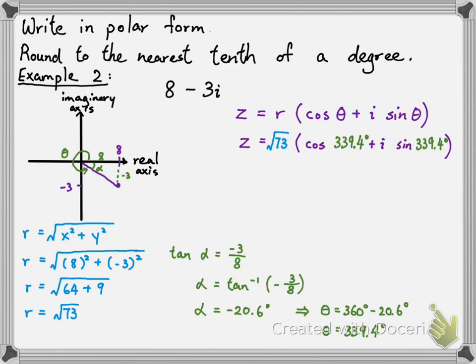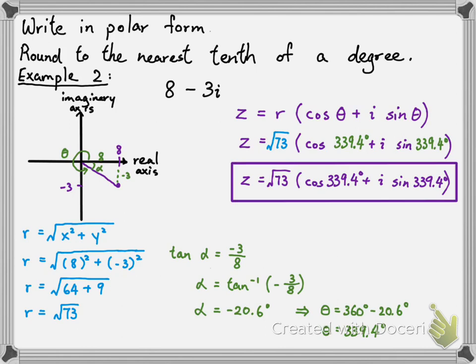We have the polar form of this complex number as z equals square root of 73 times parentheses of cosine of 339.4 degrees plus i sine of 339.4 degrees.